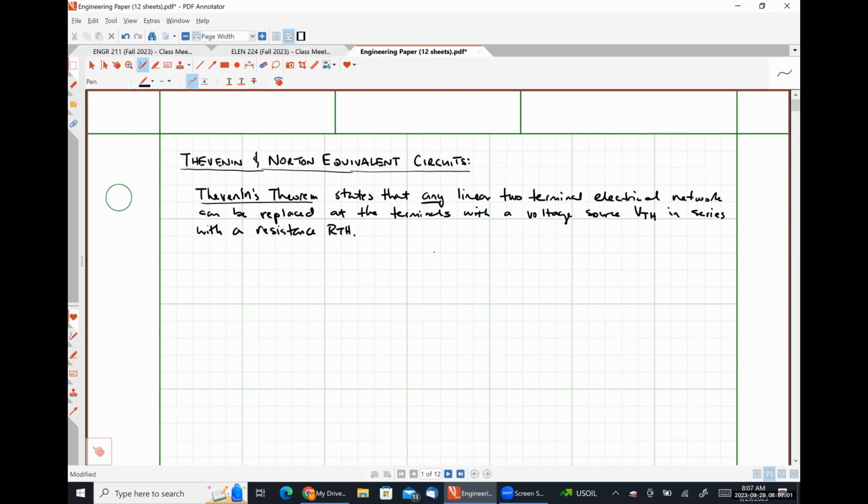So effectively what Thevenin's theorem states is that we can make any linear two-terminal network look like a practical voltage source, because a practical voltage source contains a voltage source in series with a resistance.